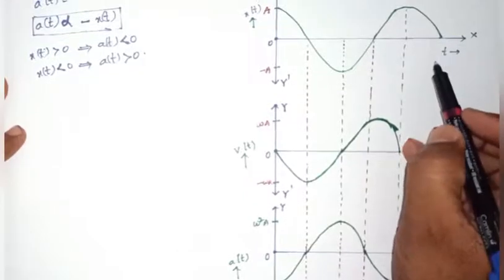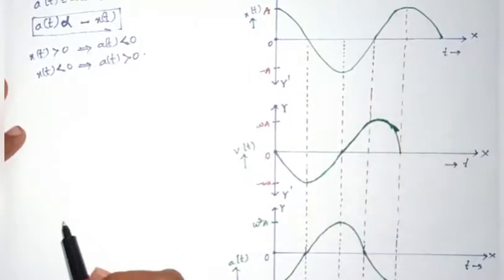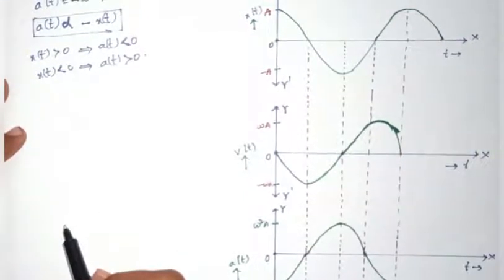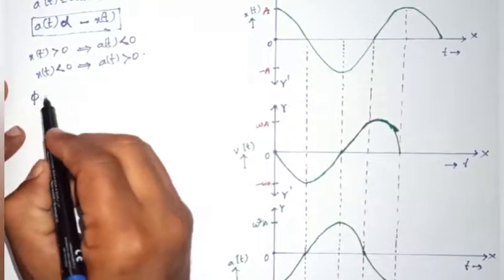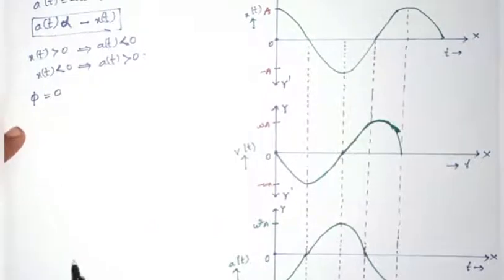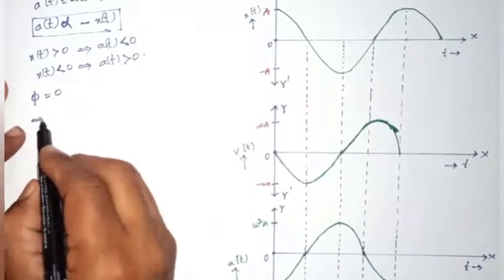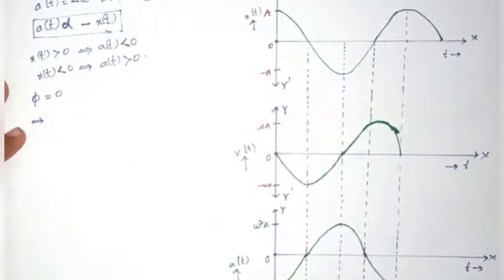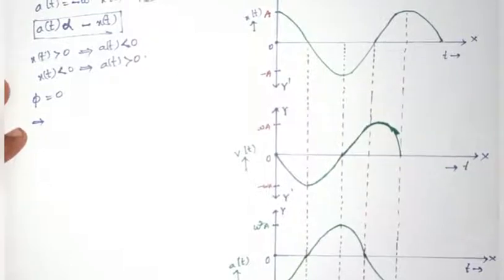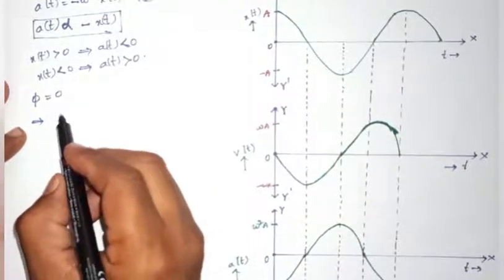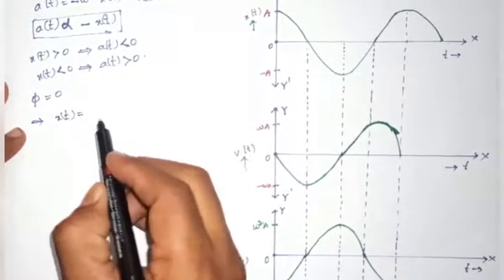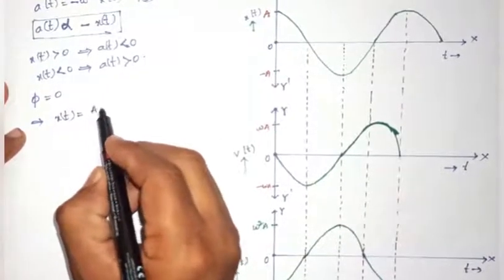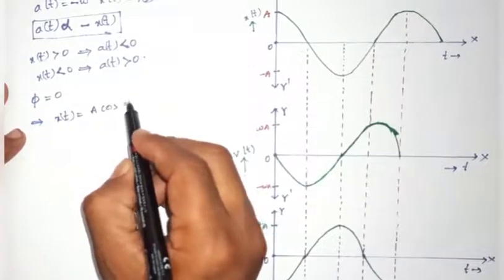So we have taken equation number 2, equation number 3 and equation number 4, and we consider the initial phase angle phi to be 0. So equation number 2 becomes x of t equals a cos omega t.